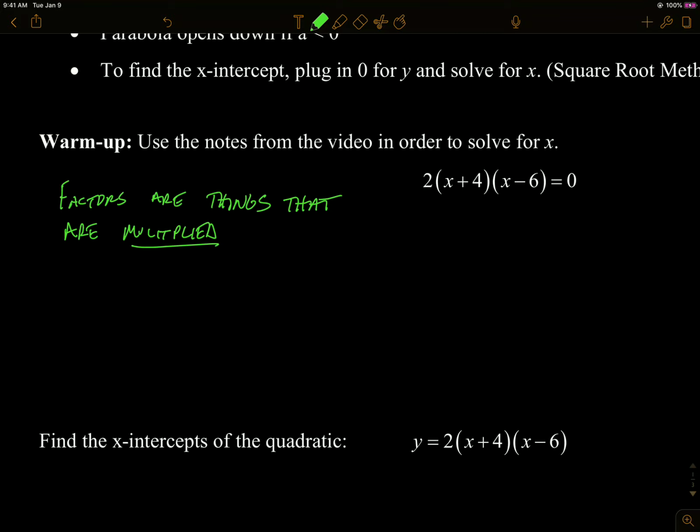In multiplication, two things multiplied is called a product. Like A times B is a product. And we know the zero product property, which is going to be crucial here.